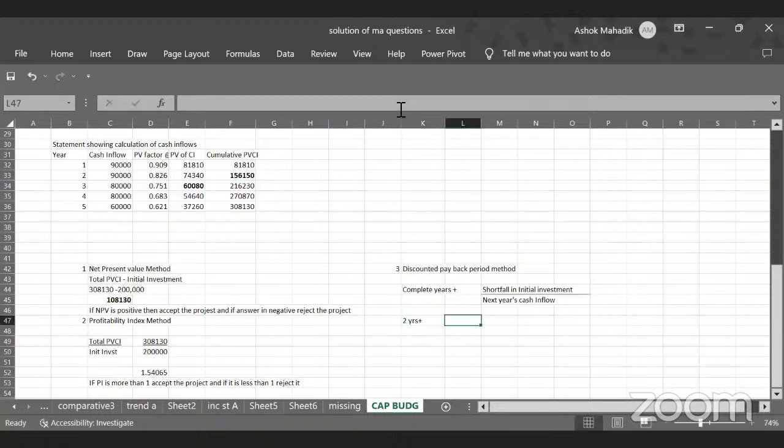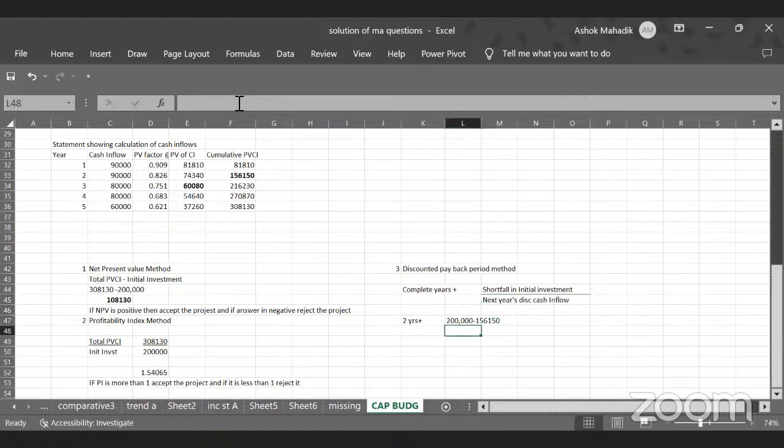The shortfall is 2 lakhs minus 1,56,150, upon the next year's cash inflow. Not cash inflow, it is the discounted PVCI. Make the correction here. Next year's discounted PVCI is fine.